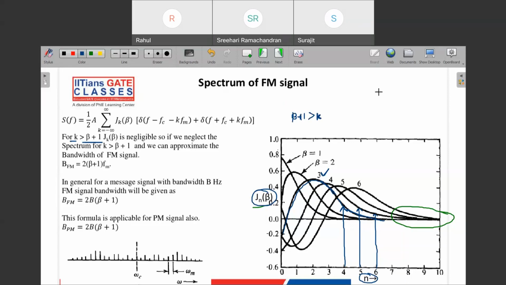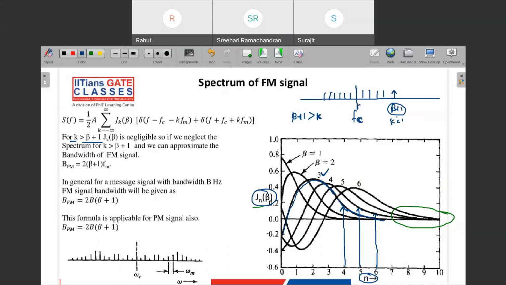So in that case, when you plot the FM signal, we have the FC, and we have impulses till beta plus 1. Here we are changing the value of k, and here k is equal to beta plus 1. Similarly, on the negative side also we need to care. On the negative side also you'll get this.